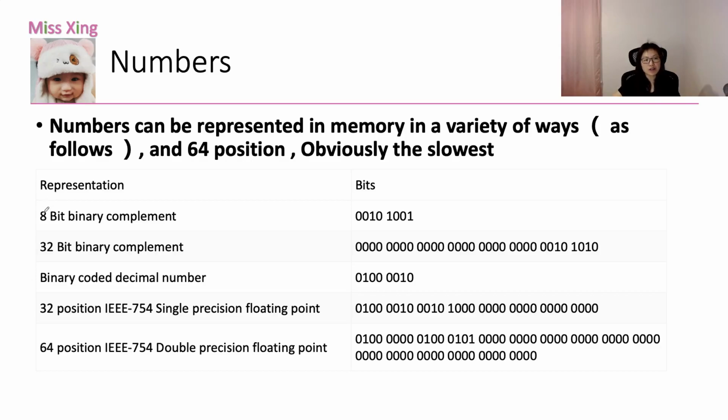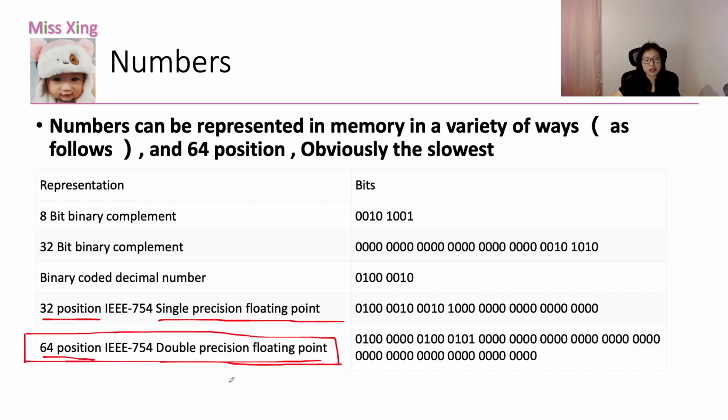Here I show some of them, like 8-bit, 32-bit, and 64-bit, a single precision floating number, and a double precision floating number. The ECMAScript specification says all numbers in JavaScript are 64-bit double precision floating numbers.